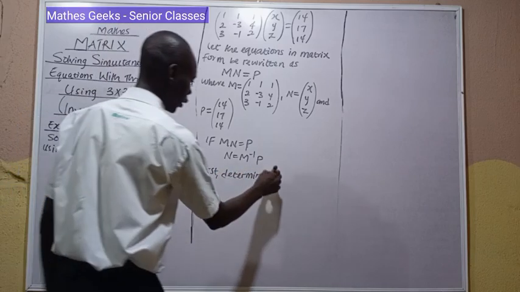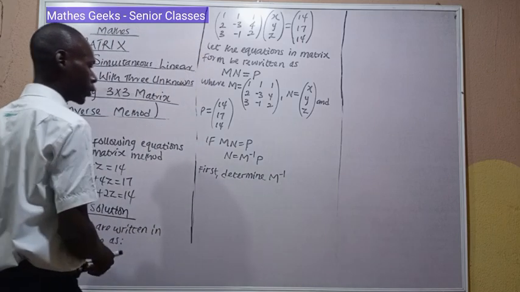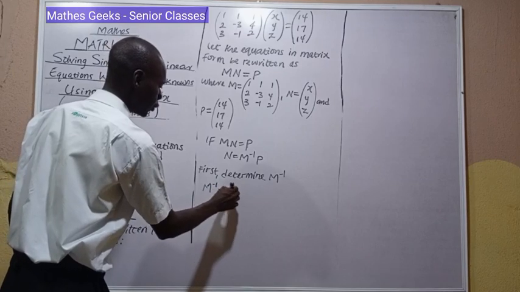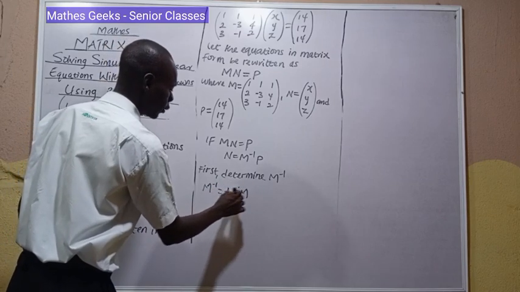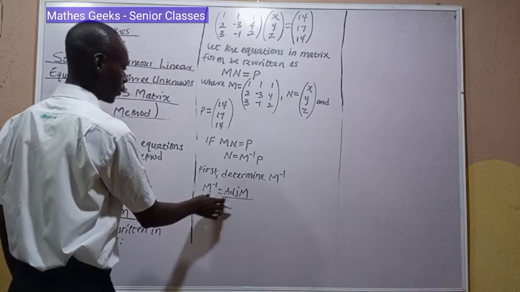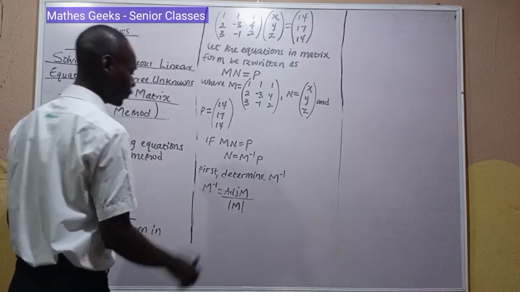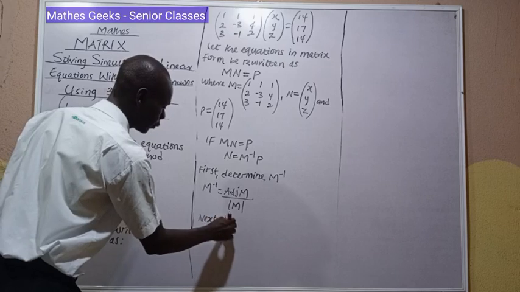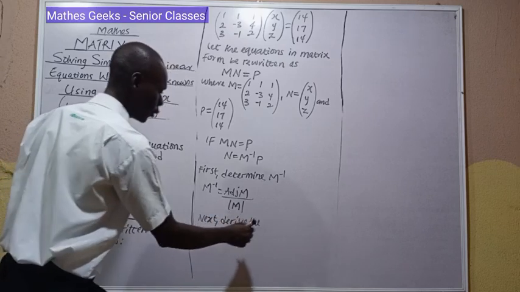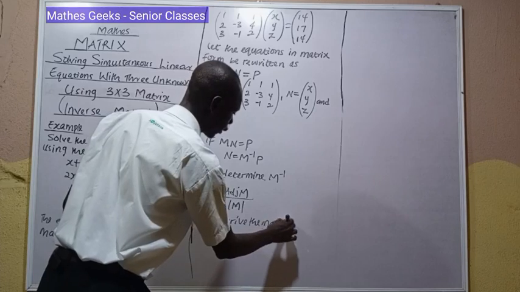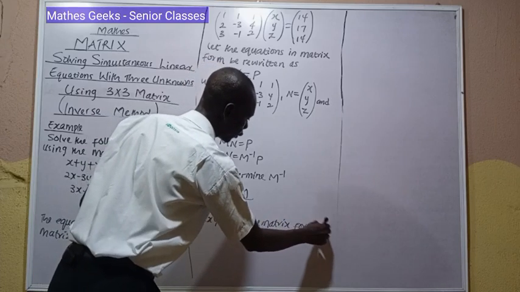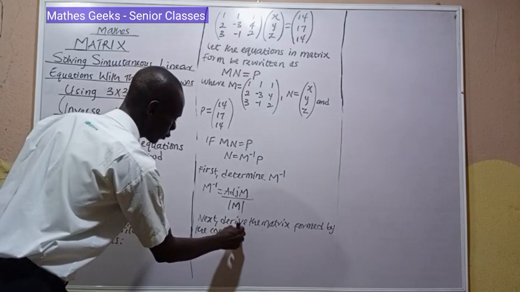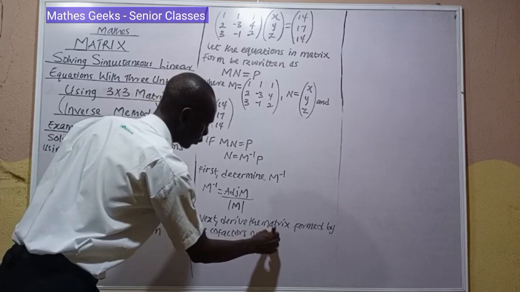N inverse is equal to the adjoint, that is the matrix formed by the cofactors of N, over the determinant of N. So next, derive the matrix formed by the cofactors of N.